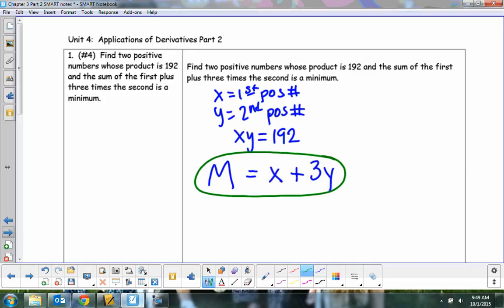Which one you want to solve for? Y. Okay, I heard y. Why would you want to solve for y? Okay. Y equals 192 over x. So we're going to plug that in for y before we minimize.